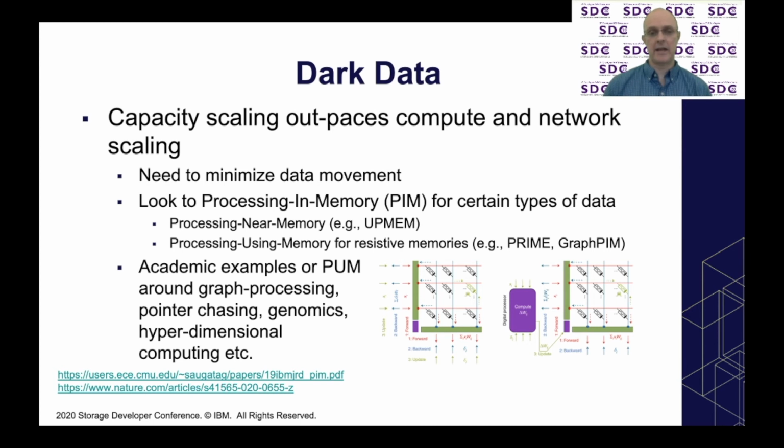There are academic examples today of using processing using memory around graph processing, pointer chasing, genomics, hyperdimensional computing, and so forth. So although this technology is quite a way off the marketplace, I do believe that this is a direction that we will have to go in order to scale the compute as we are increasing the scalability of the capacity of memory.